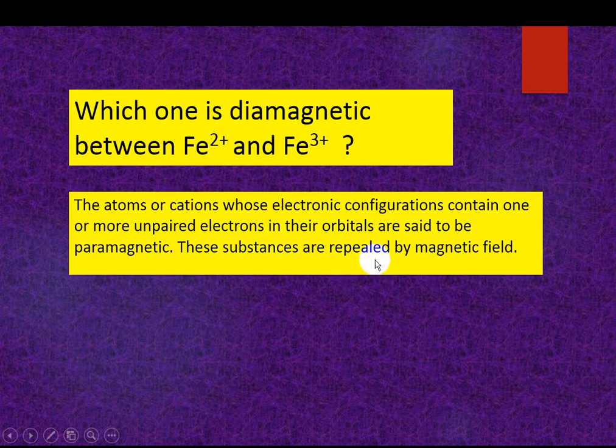When you place this substance in a magnetic field, it shows attraction. These substances are called paramagnetic substances.